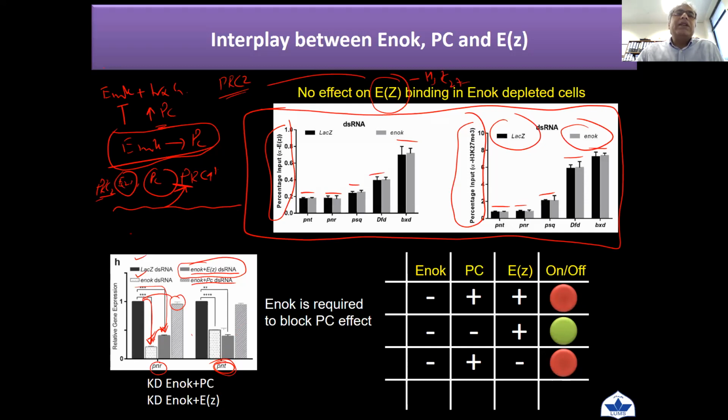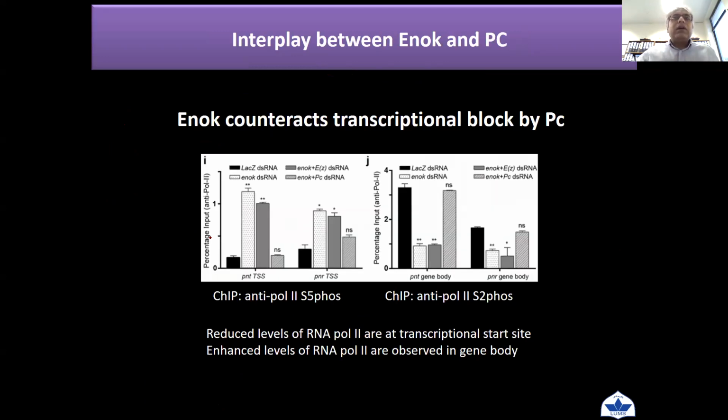And the PRC1 complex, which contains polycomb, dRing, etc., is known to block transcription. They are known to hinder RNA polymerase 2, RNA pol 2, from gene activation. So that is what Jawad did in these double knockdown cells.